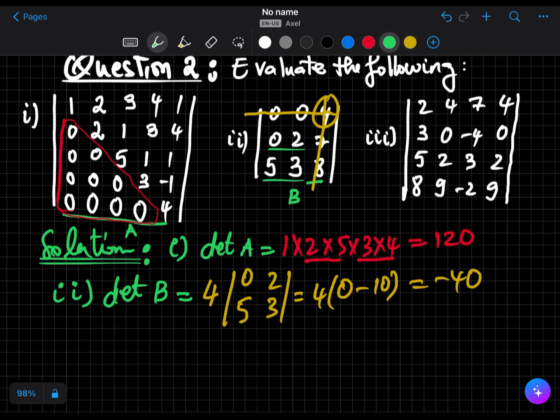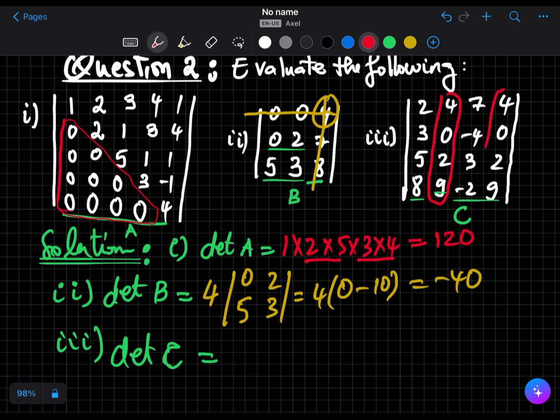If I look at the third case, I'll call this matrix here matrix C. So I'm finding the determinant of C. Let's have a close look at the matrix. What I realize in this matrix is that when I look at this column and this column, I can see that both columns are identical.